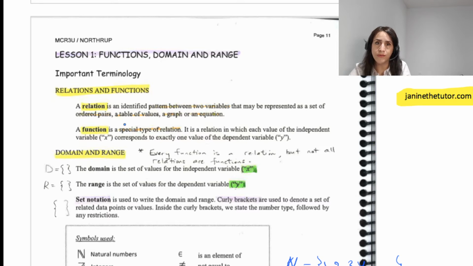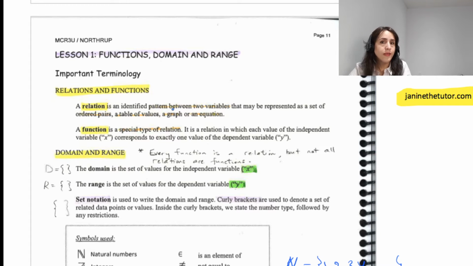Any two variables that have a pattern between them, we can name as a relation, which may be represented as a set of ordered pairs, a table of values, a graph, or an equation. All of these ways of showing a relation show a pattern between two variables.